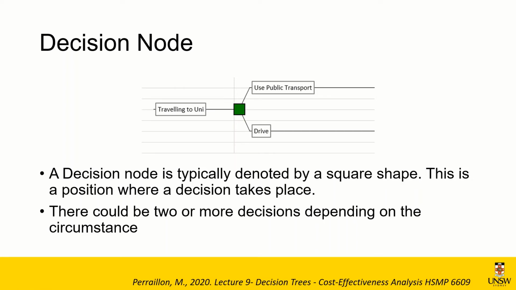How you can identify a decision node is through the symbol or the shape, the square shape. Whenever you see a square shape in a decision tree, that would denote a decision node. That means that is a place where you will take a decision.